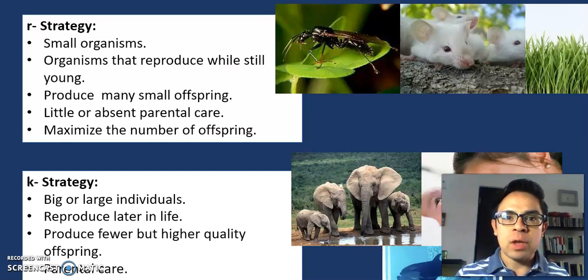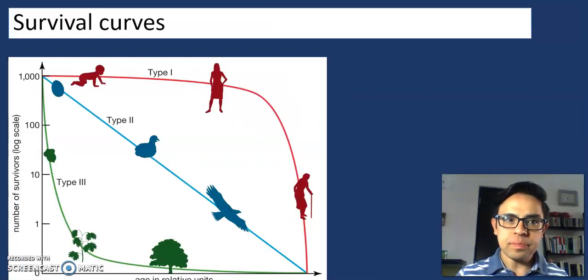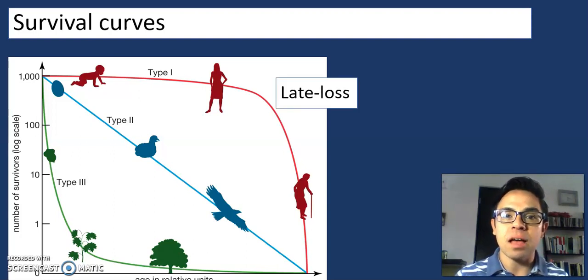Then finally, we're going to have survivorship curves. Because of some of the characteristics of a population, we can have these three types of curves, and they have different characteristics and different names. The first one is the late loss survivorship curve. What does it mean? They're going to have a very low death rate at the beginning of the lifespan.